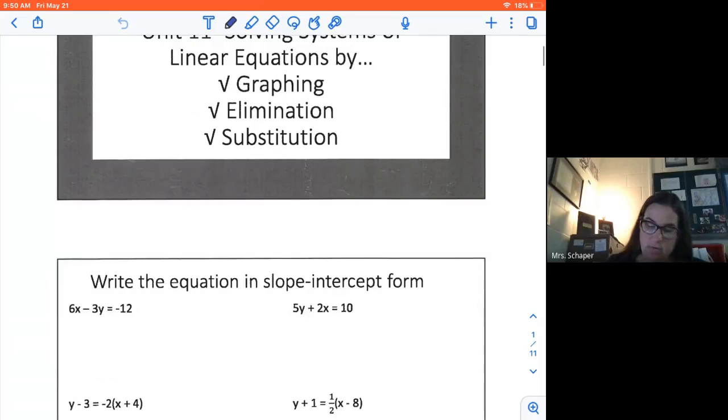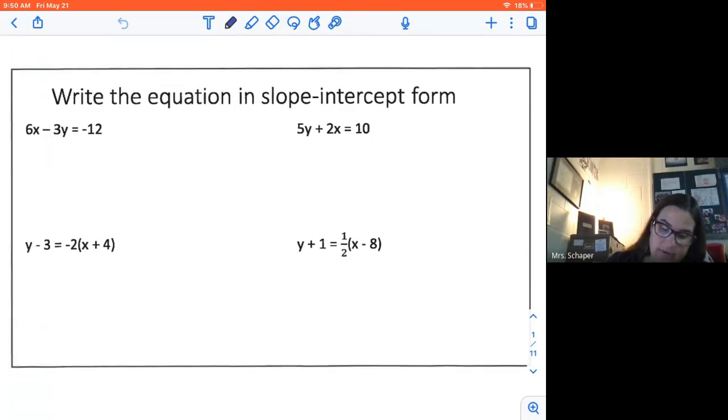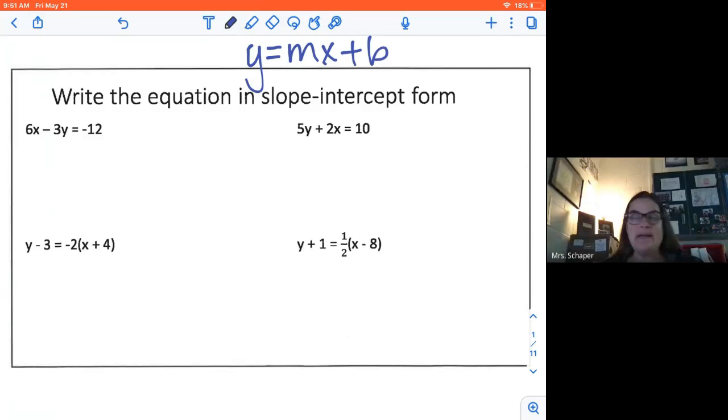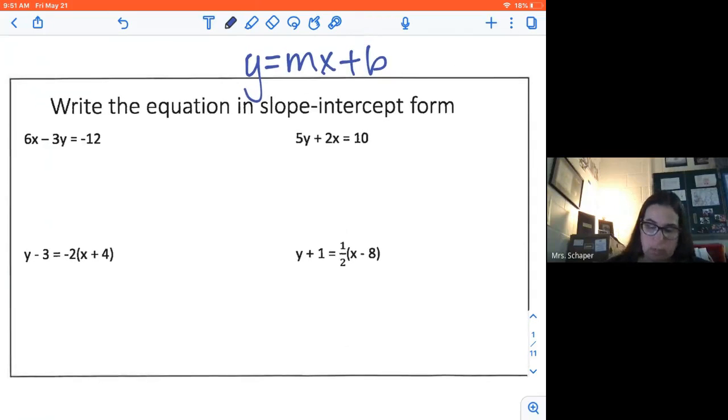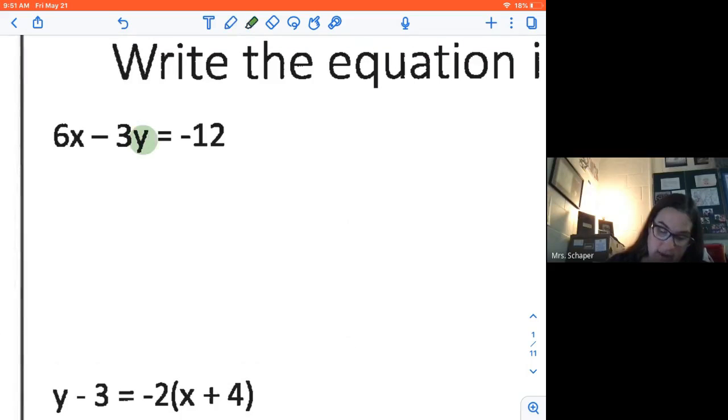So here we go. We're going to write these equations in slope-intercept form. As a refresher, slope-intercept form is y equals mx plus b. So what we want to do is get each of these into that form, get that y by itself. So when I'm looking at this first one, I need to get y by itself. So I'm going to subtract 6x from both sides.